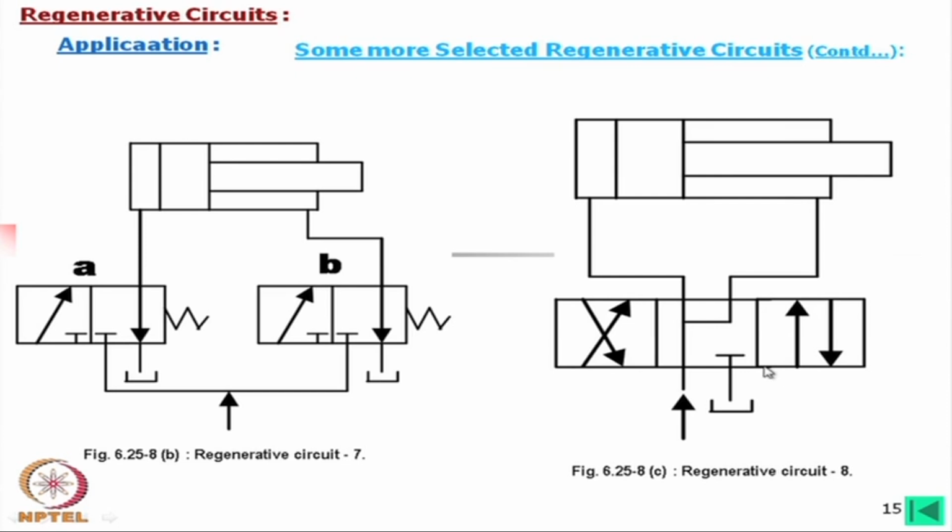but it might be, suppose it was on this side and then we have brought this, we have given this connection, it was here and again we have given these connections. In that case also what will happen, this oil is trying to go here and oil is trying to come back here, but this will go back to the tank.